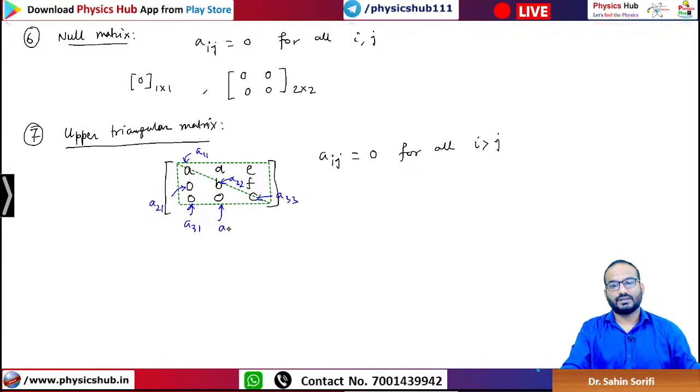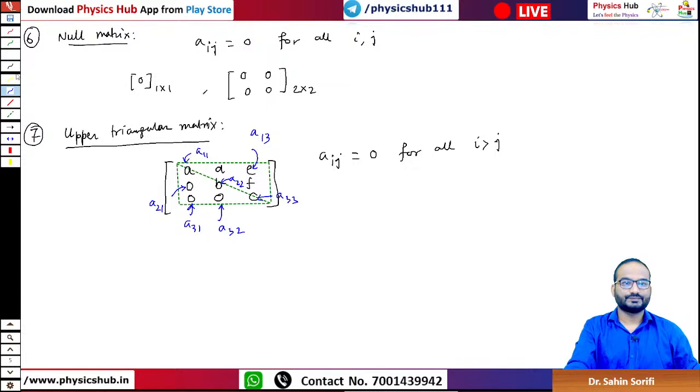This is A32, i greater than j. But if you consider this, what is this? A13. Here, i greater than j? No. Here i less than j. In this way, you define upper triangular matrix. I hope you understood.